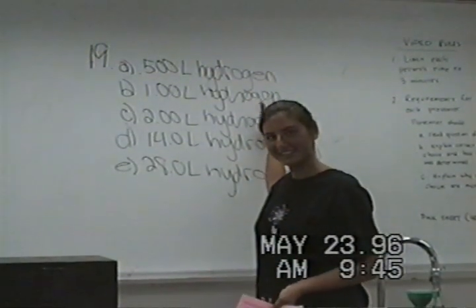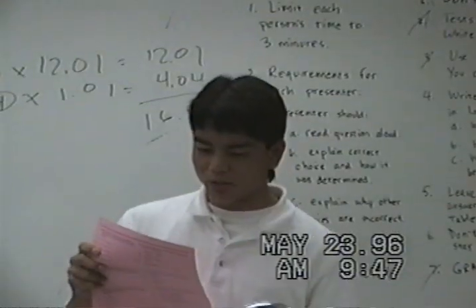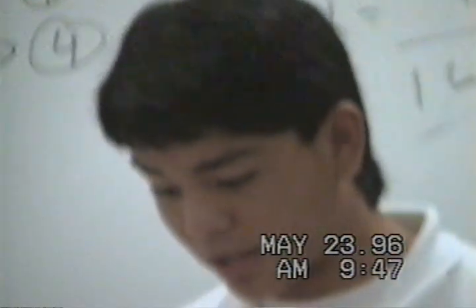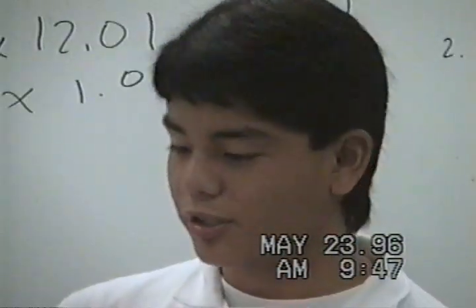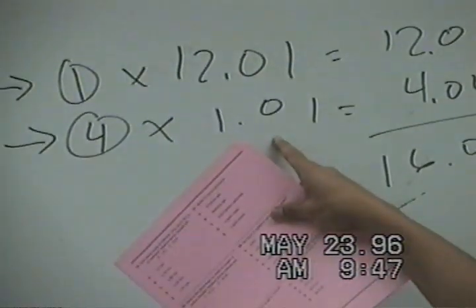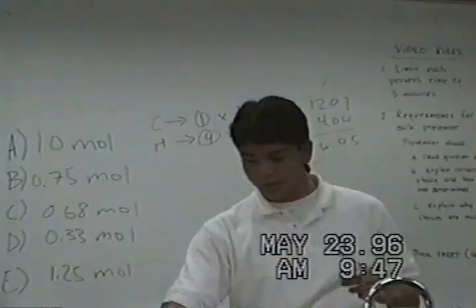So I'm finished. I'm doing number 24, and the question asks how many moles of methane, CH4, are in 16 grams of methane. The relative atomic masses of hydrogen is 1.01 and carbon is 12.01.